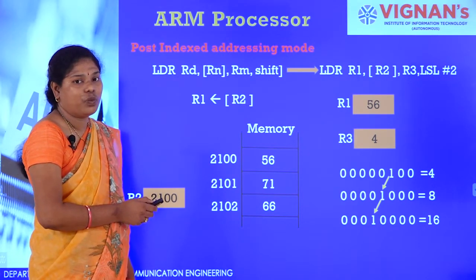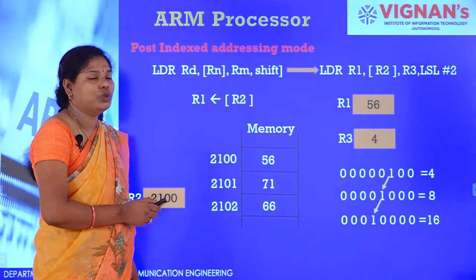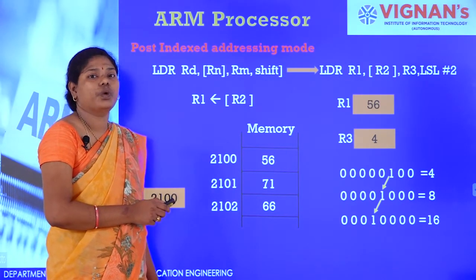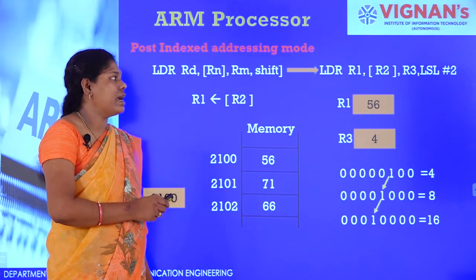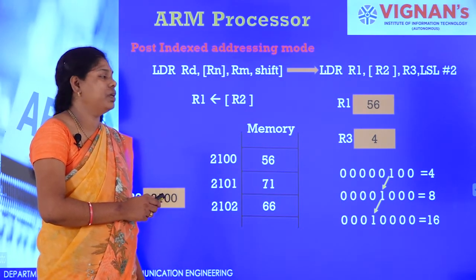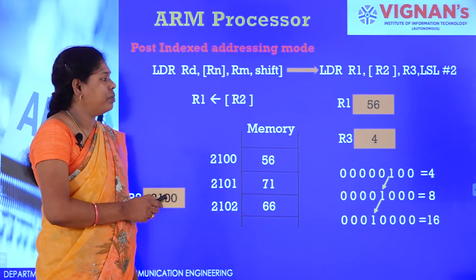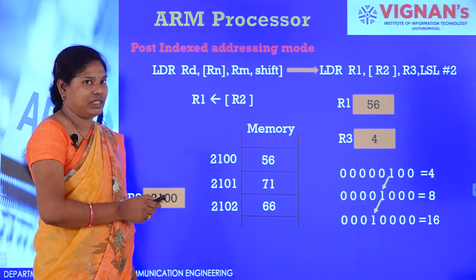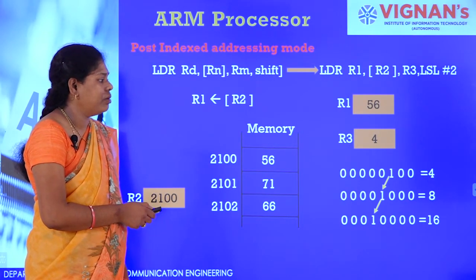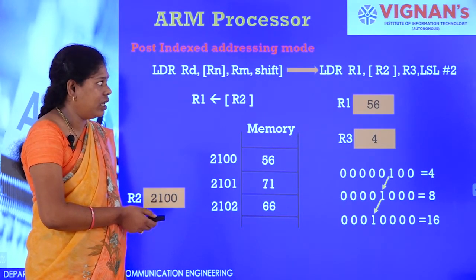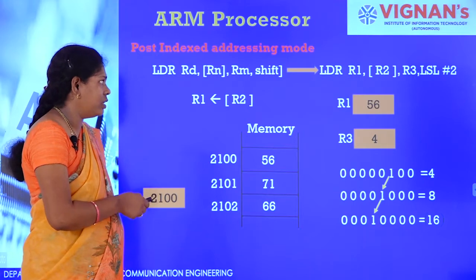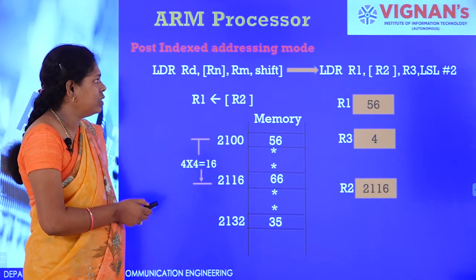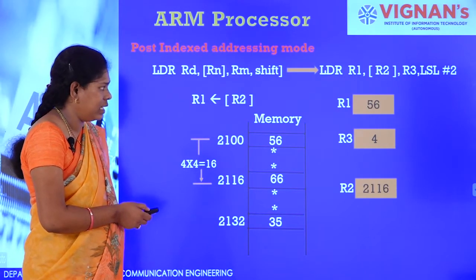If it is 1 shift, it will be multiplied by 2 power 1, that is 2. If 2 shifts, it will be multiplied by 2 squared. If it is #3, then it will be multiplied by 2 cubed. Depending on the number of shifts, it will be multiplied by 2 power the number of shifts. So here R3 will become 16, and this will be added to R2, and overall we get 2116.